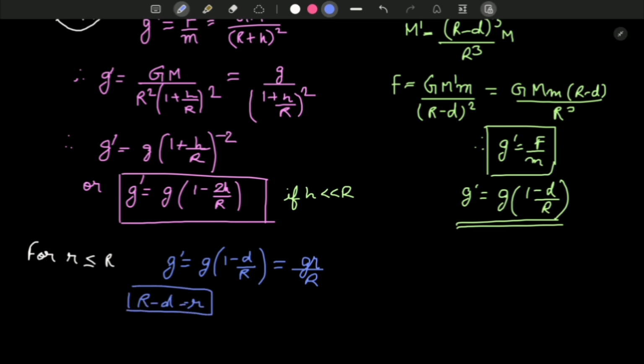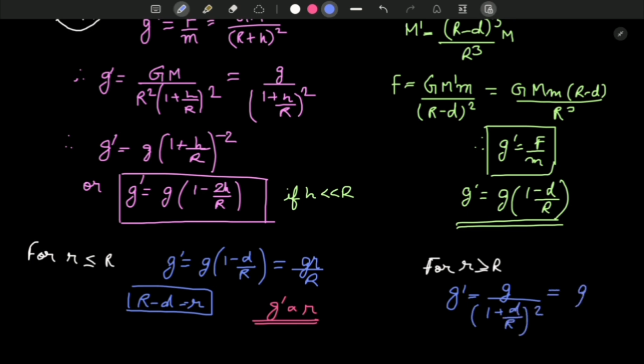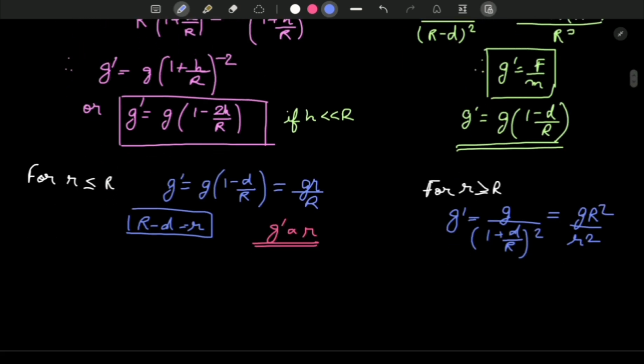So from here I can say that g dash is proportional to r, and for values of r greater than or equal to capital R, I can say that g dash equals to g by (1 plus d by R) whole square. This is equals to g R square by r square. Here R plus d equals our small r. So in other words, I can say that g dash is inversely proportional to r square.